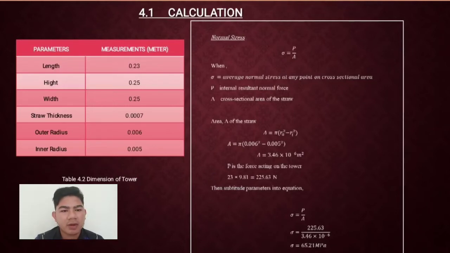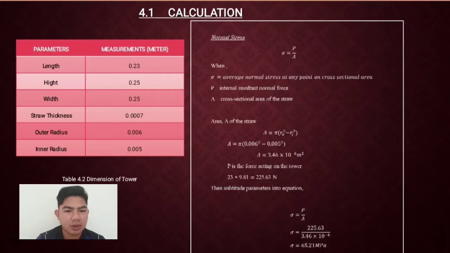After that we find the value of P, where P is the force acting on the tower. 23 is the height of the tower times 9.81 is the gravity value. So we got the value of P is 225.63 Newton.